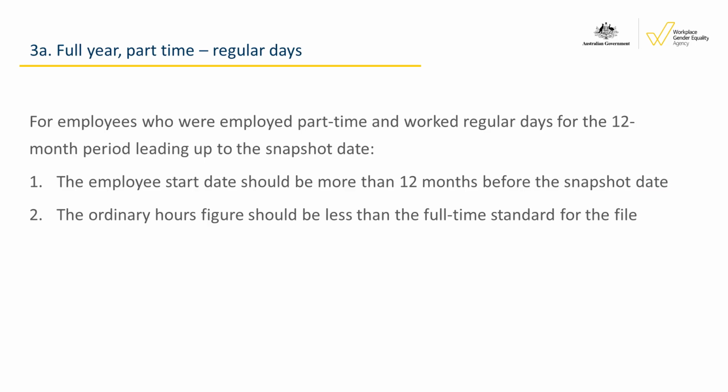For employees who were employed part-time and worked regular days for the 12-month period leading up to the snapshot date, you will provide an employee start date which is more than 12 months before the snapshot date. When an employee has ordinary hours that are lower than your full-time standard, the template will calculate as if they had worked full-time hours.